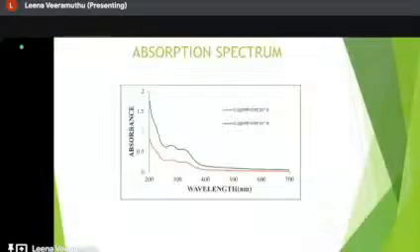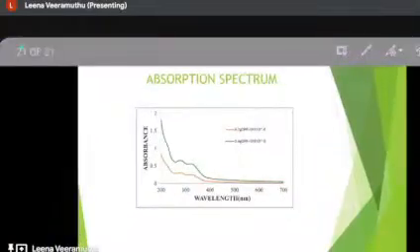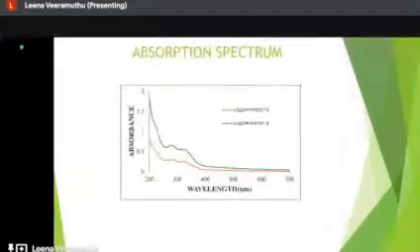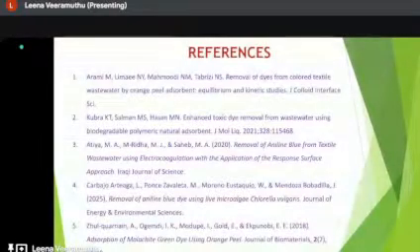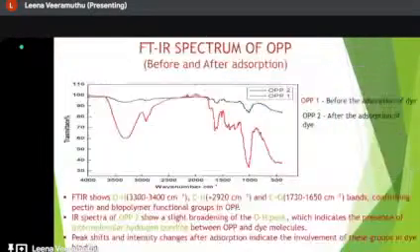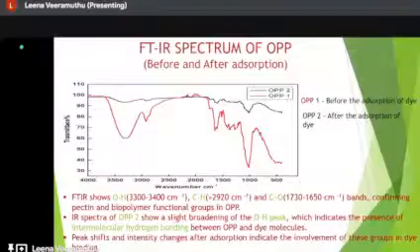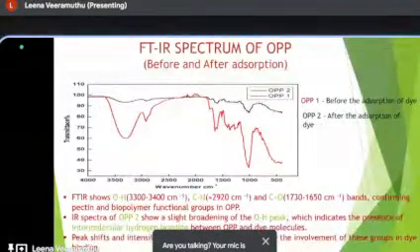Hello Lina. In the IR spectrum, after adsorption of this aniline blue dye onto the orange peel powder, why is it not showing any characteristic peaks? There are NH bonds and other bonds, benzene rings. The interaction between the dye molecules and the OPP surface has happened.